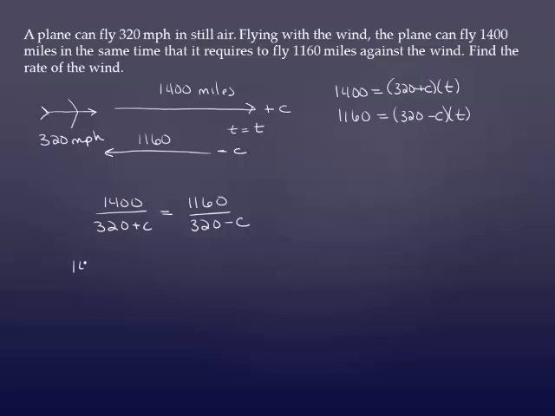Cross multiplying. Okay, then I have to distribute 1,400 times 320. Again, we're going to get some large numbers here. Don't be afraid of the large numbers. The steps are exactly the same.